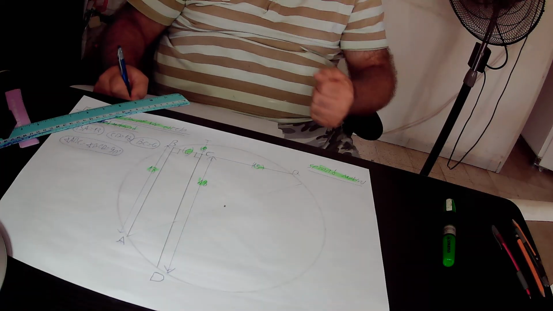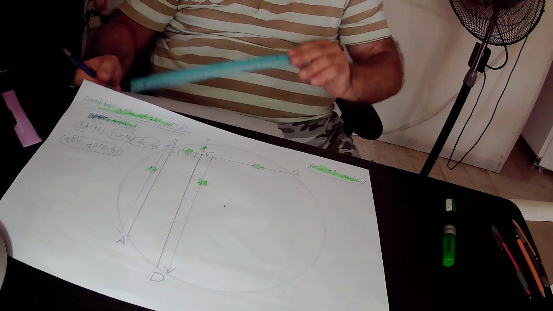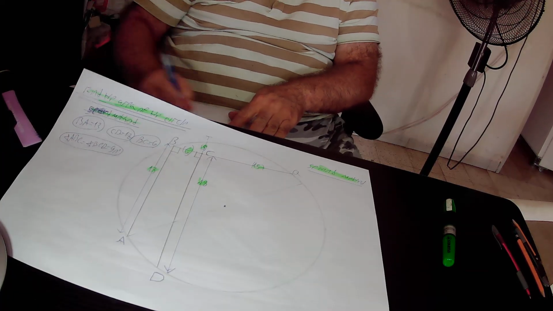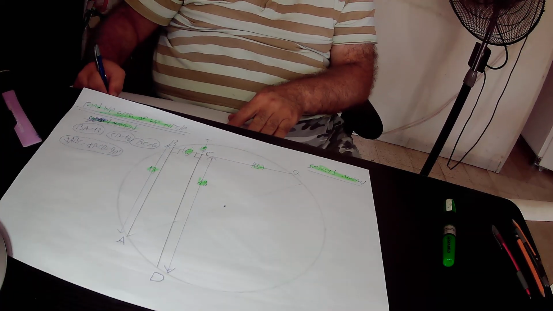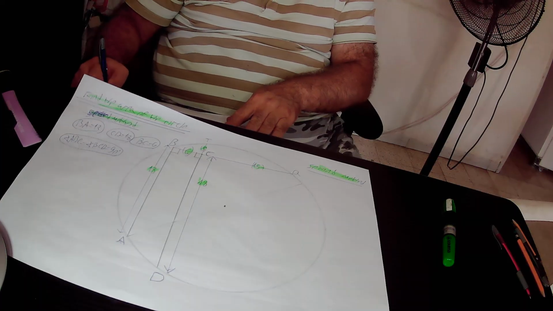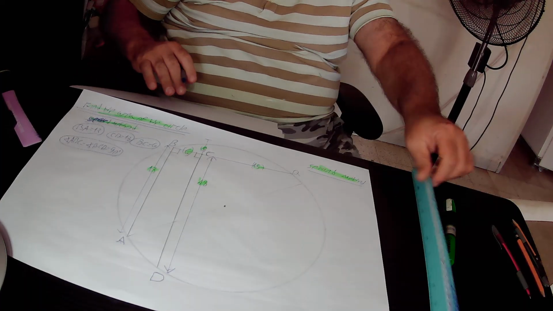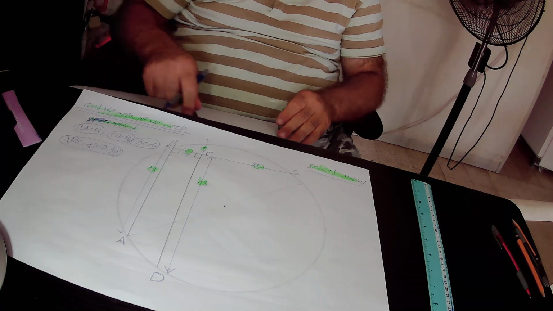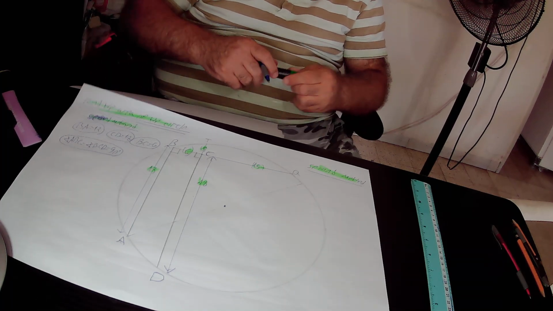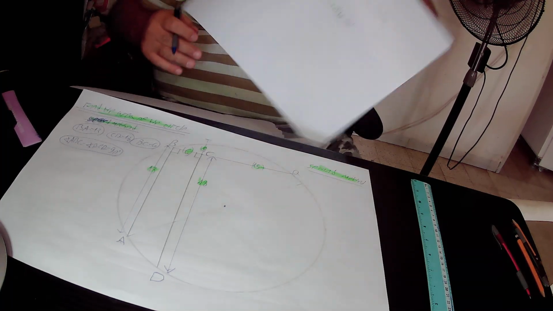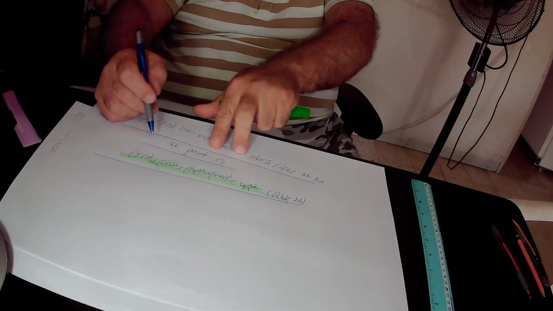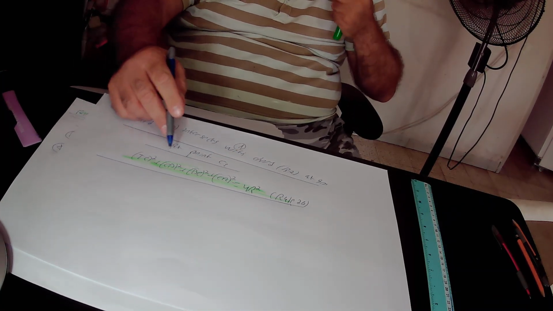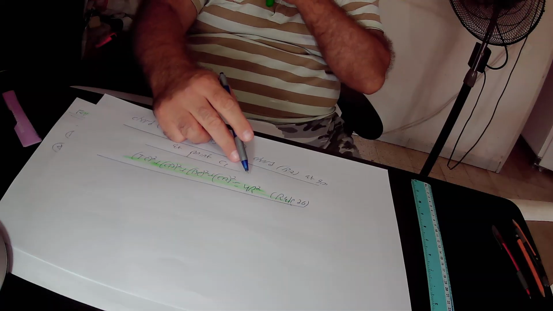And R is the radius of this circle. Repeat again. According to rule 26, the following equation is true: TC square plus CD square plus BC square plus CQ square equals 4R square.